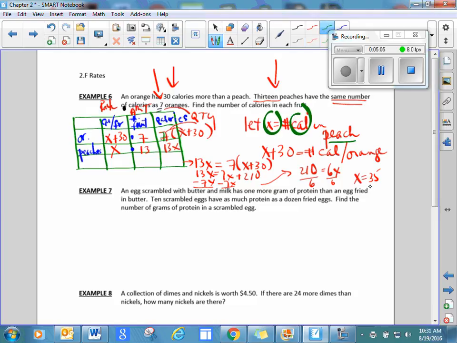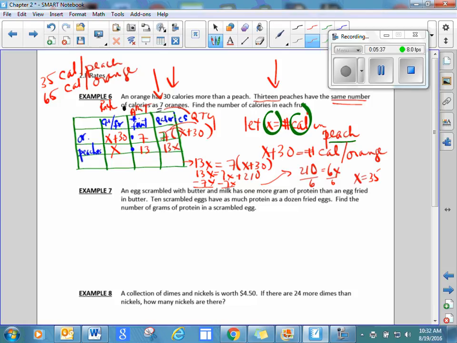So 35 calories in a peach. So I can go over and make my answer. Maybe I'll put it up here. 35 calories per peach. And if I go to my X plus 30, which is the calories in an orange, I take the 35, add it to the 30, and I get 65 calories in an orange. And that's the answer.